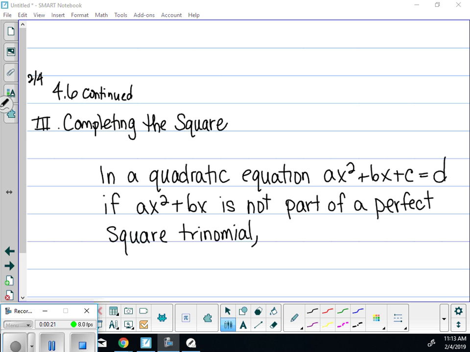So if we have a quadratic equation, and this is just general, ax squared plus bx plus c equals d, for example, and ax squared plus bx is not part of a perfect square trinomial, we need to manipulate the equation in a way to make it part of a perfect square trinomial.